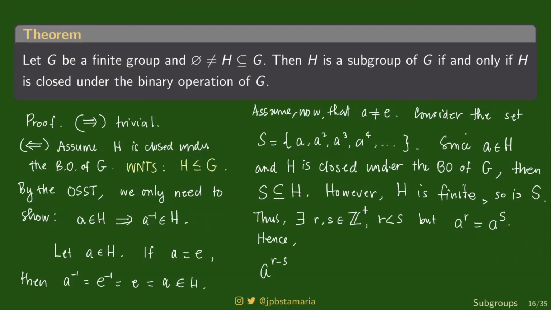Ay, mali. Dapat S minus R kasi I need a positive exponent. Ano yung A to the S minus R? Ang A to the S minus R is A to the S times A to the minus R. Diba? Ito yung A to the S, A to the R inverse. Take note, equals A to the R tsaka si A to the S. So kung equal sila, saan equal tong product na to?